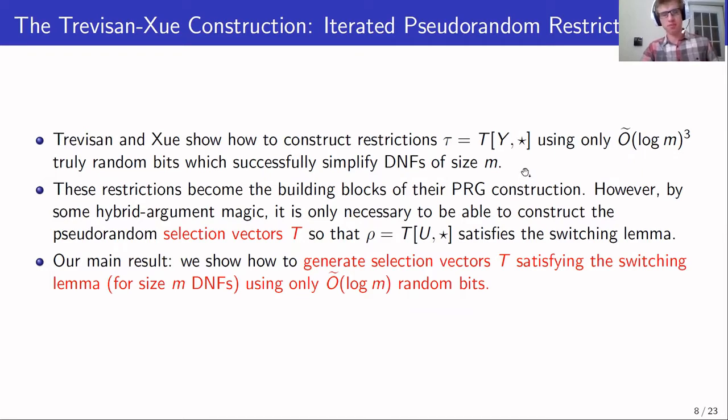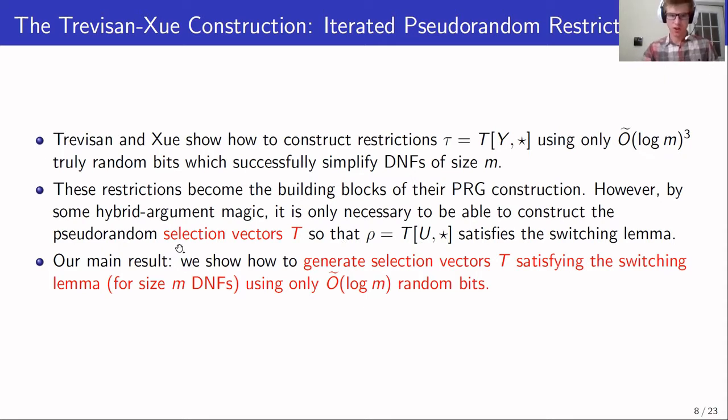However, by some hybrid argument magic, there's some truly random vector u that appears during the analysis. And it turns out that for this application, to show that their construction successfully fools constant depth circuits, it's only important to be able to generate selection vectors. So that's one of those applications I was talking about where we just need to generate selection vectors pseudorandomly, and we can allow the assignment to still be truly random.